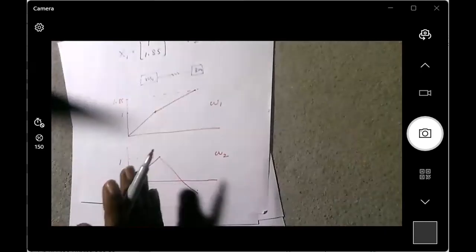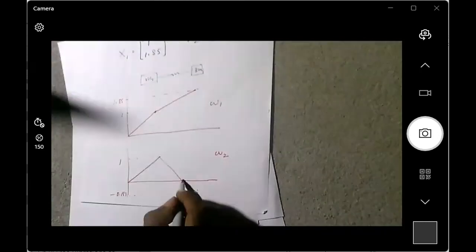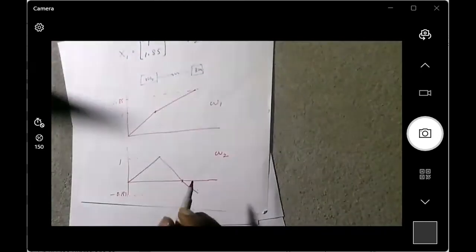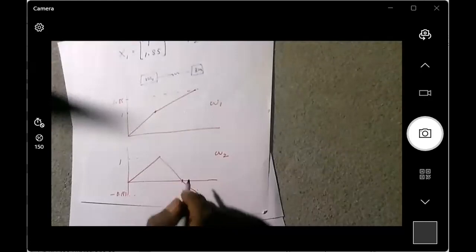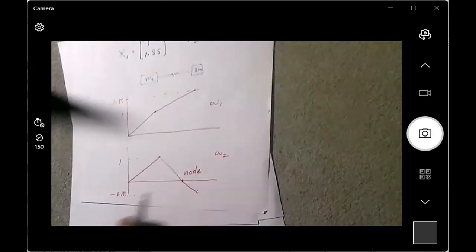In this situation, in the spring between M1 and 3M, there will be a point which is not going to move due to this vibration. That point is going to be a fixed point. It is not going to show any motion. We call that kind of point a node. So a node does not vibrate.